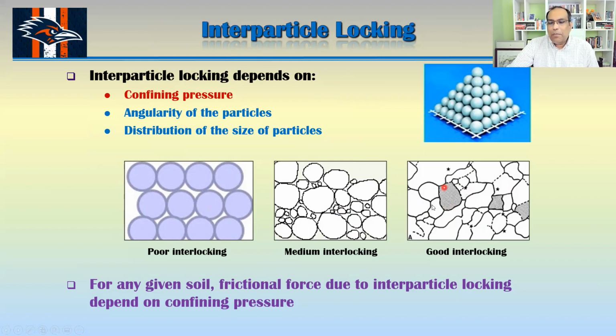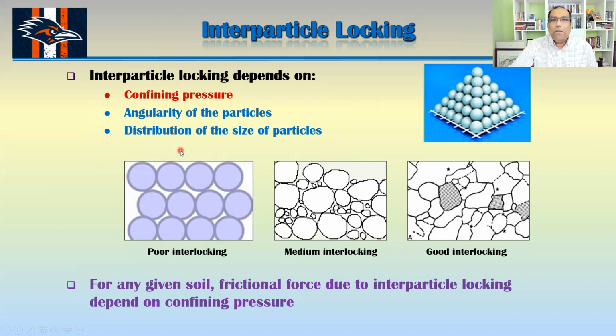But if you think about here, this is very good interlocking. You can see it's very difficult to move because each of the particles is interlocked with the other particles. If you want to shear along that line, you have to move this particle above here, or this particle above here, or break that one, and that's very difficult to do. So definitely this soil has higher strength than this one. Interparticle locking is very, very important.